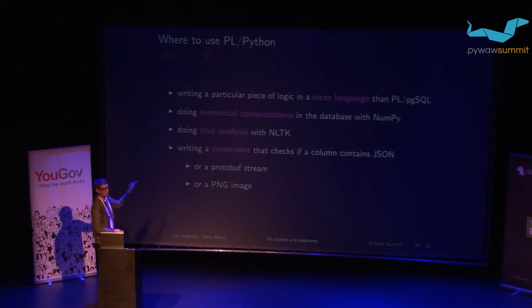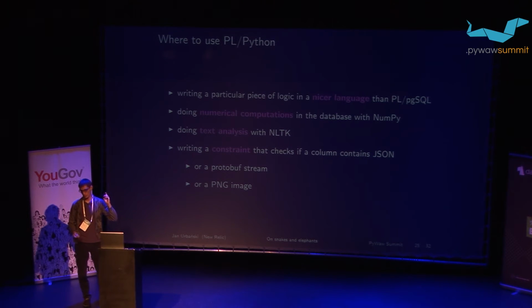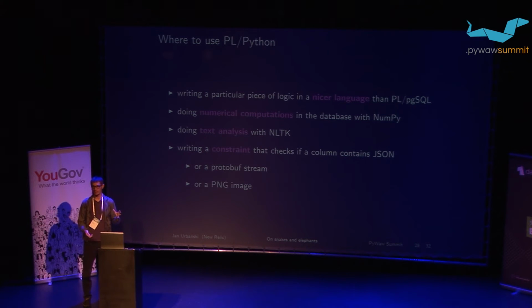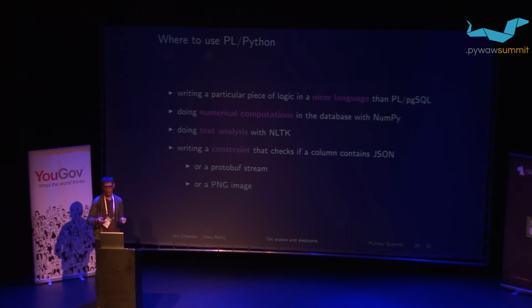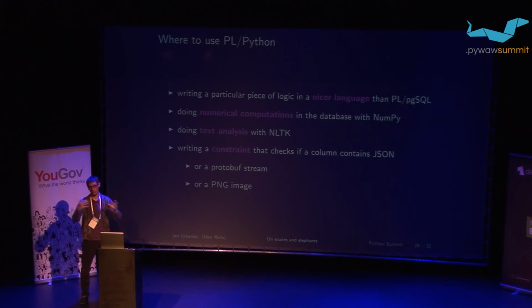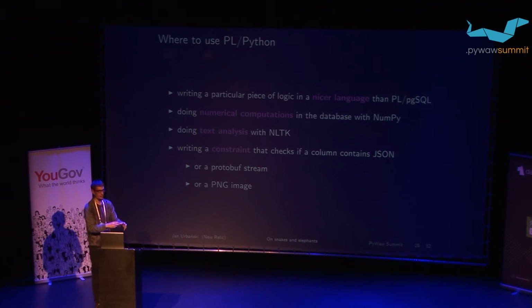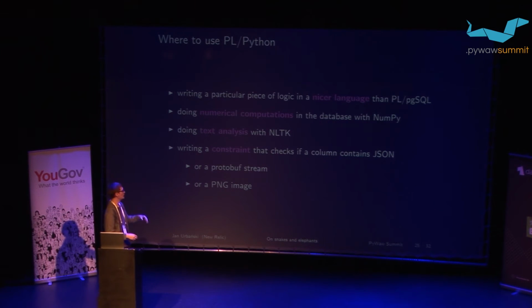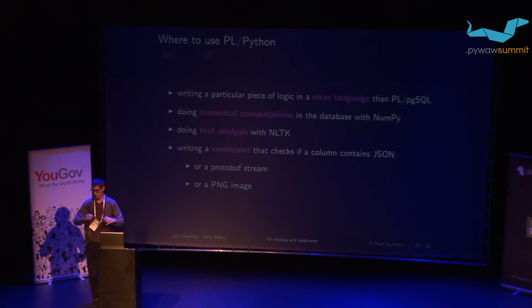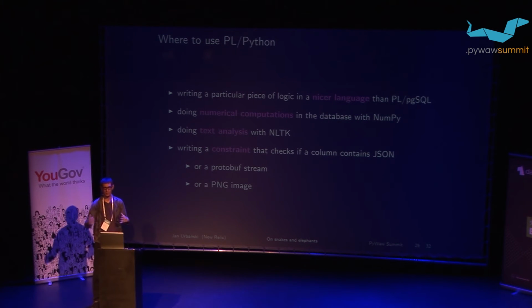You can do some NumPy stuff, and I've seen companies doing pretty heavy NumPy stuff, which means you don't have to ship out all the raw data to a computation node, compute, and then store back or report or whatever. You just compute right inside the database where the data is locally. You can do some language analysis. Python has those wonderful toolkits for language models.